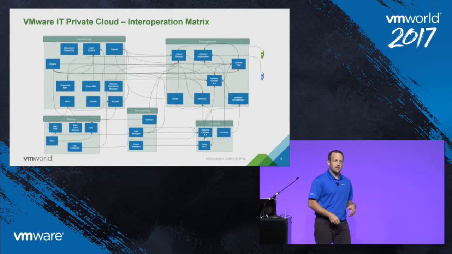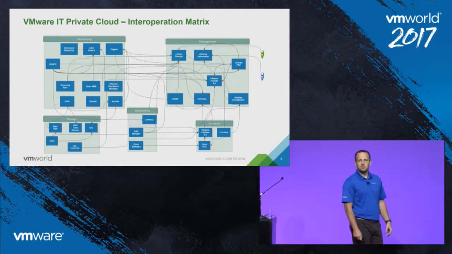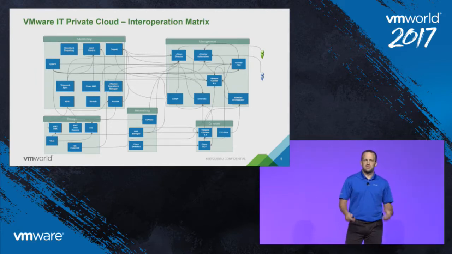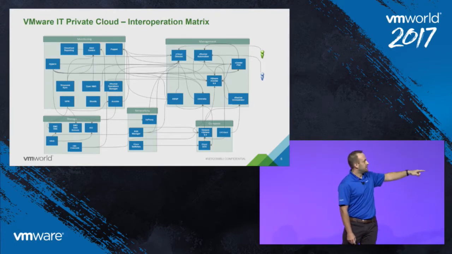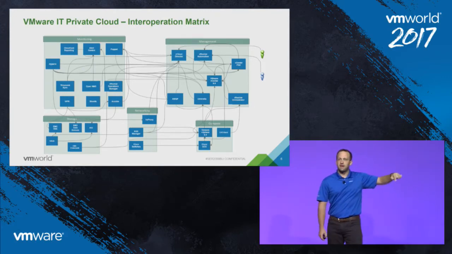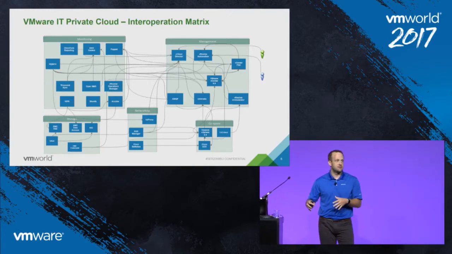So in a private cloud, we have an interoperation matrix. When we have to do a vSphere 6.5 upgrade, we have to figure out what my interdependencies are. We have to go look and see, does my VNX support vSphere 6.5? Does Puppet support 6.5? In all of these items, we have to check to make sure they support vSphere 6.5 or vSphere 6.6, which is a unique challenge for us because we take beta and alpha code.